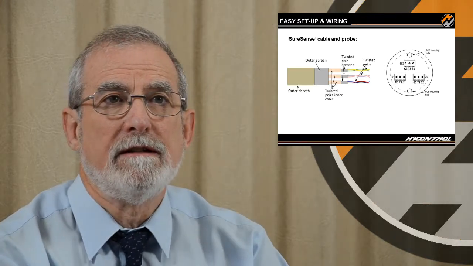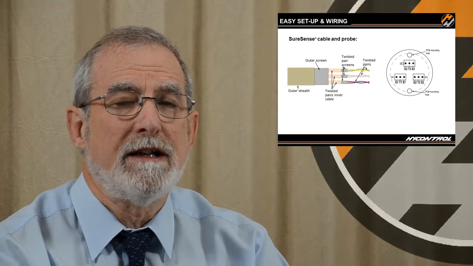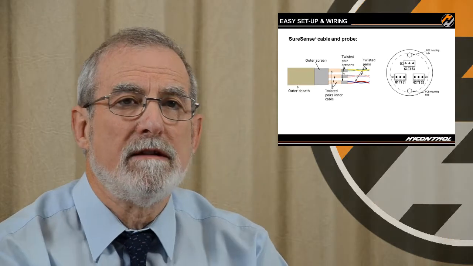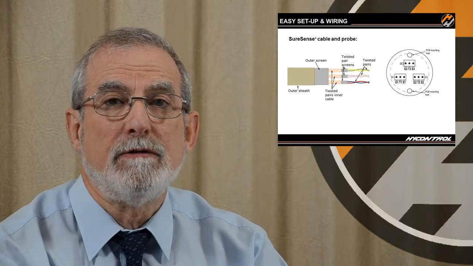Each of those pairs has a screen which is used for the guard for that sensor, and then the 3 are together inside an outer screen, and that outer screen connection is connected to ground. That gives it immunity to interference and also acts as a return path.